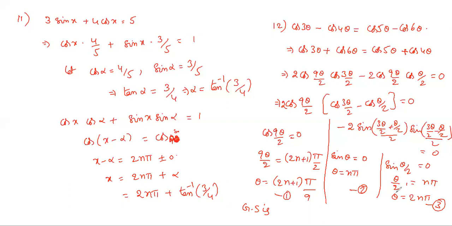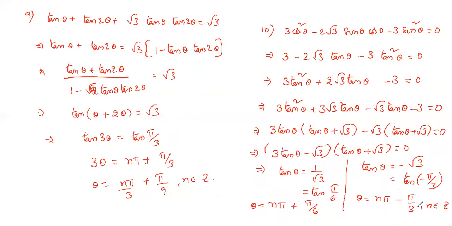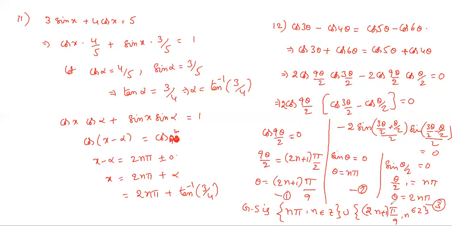All values from 2n pi also belong to n pi, so no need to write it twice. So the general solution is n pi, n belongs to Z, union (2n plus 1) into pi by 9, n belongs to Z. No need to write 2n pi because all values of 2n pi also belong to n pi. So the general solution is this one.